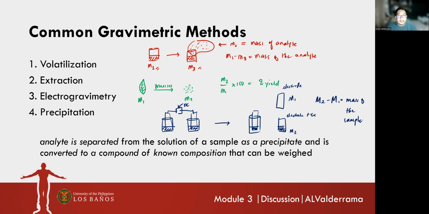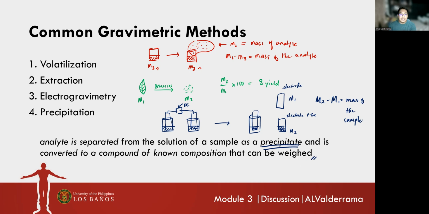For the context of Module 3, which is the gravimetric determination of iron, what we will be employing is precipitation. Precipitation is wherein the analyte is separated from the solution of a sample as a precipitate. This precipitate will be converted to a compound of known composition that can be weighed eventually.